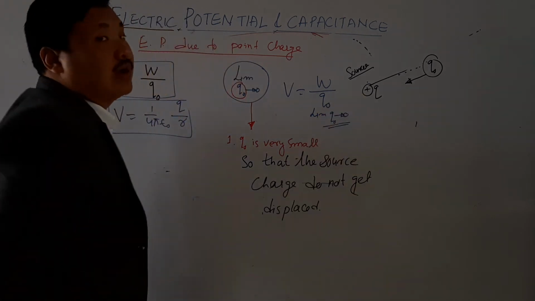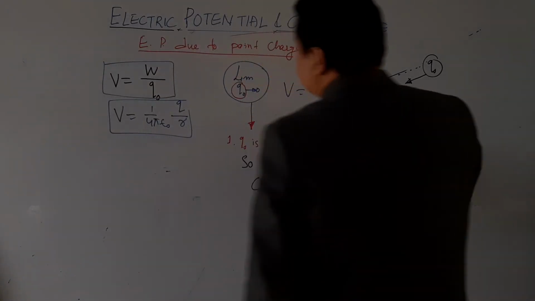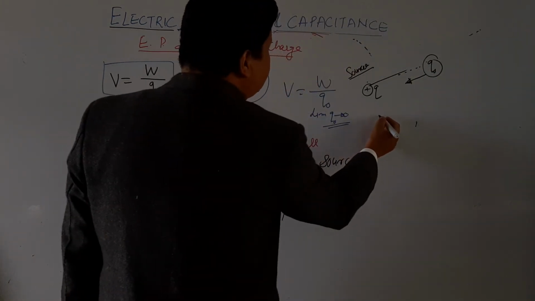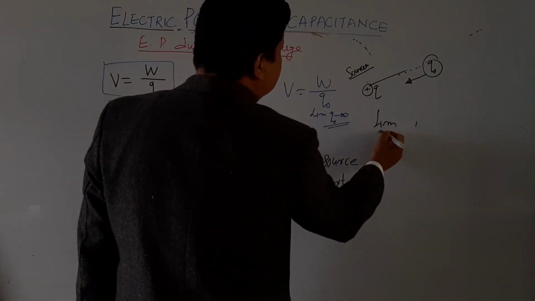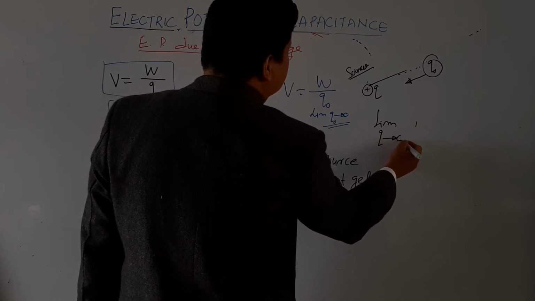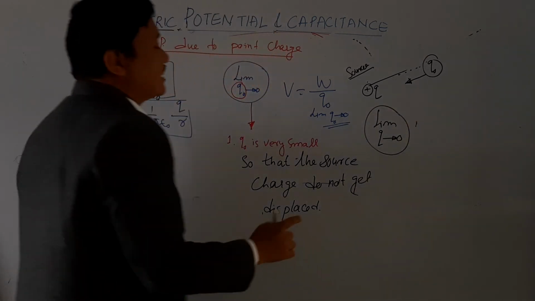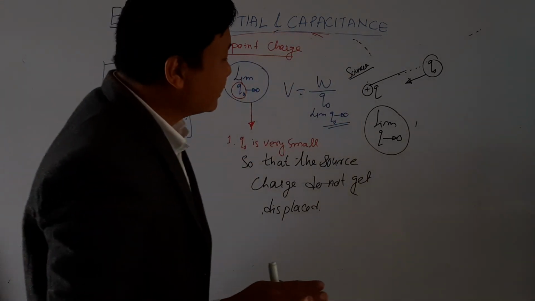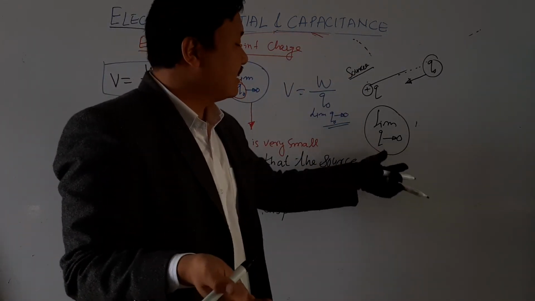Very important 1 mark question. Why should this test charge be very small? Not only this, you may get limit Q tends to 0. This may come because I have considered the test charge as Q0, so you can also consider it as Q only.